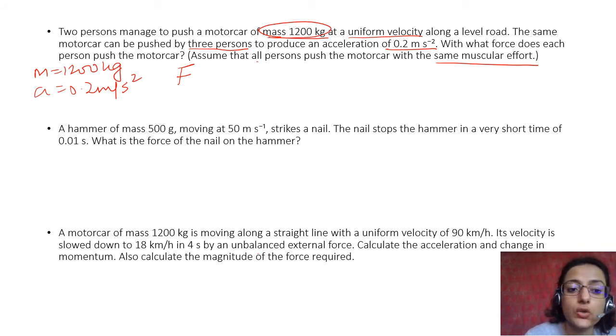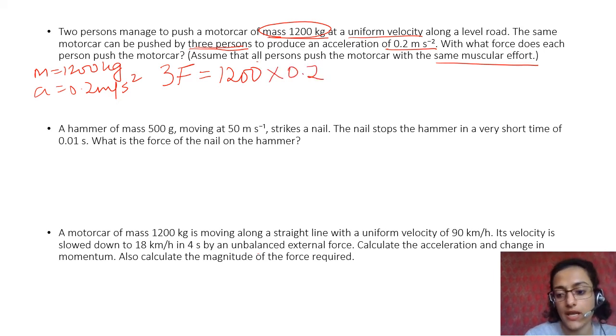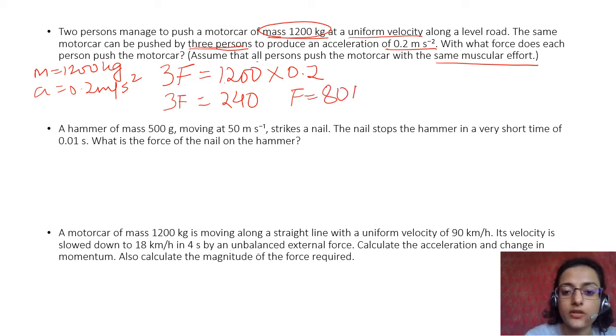So here we can assume that since three people are pushing, there is 3 times the force and they are pushing mass 1200 with an acceleration of 0.2 meter per second square. Right? So 3F is equal to 240, right? F is equal to 240 by 3, which is 80 Newton. So every person pushes with a force of 80 Newton.